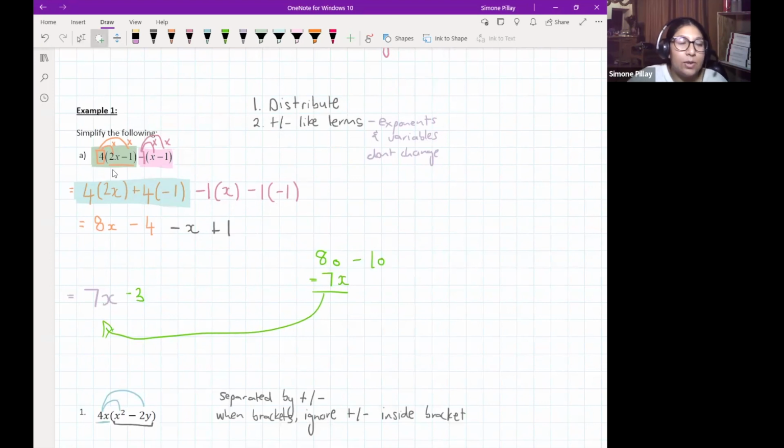So what happened here was I said 4 times 2x for my first bracket, and that's how I got this. Do you see that? Yes, ma'am. And then I said 4 times -1, but it's a positive 4 times a -1. Are you seeing that? Also, the reason why we said positive plus is because the 4 outside the bracket is positive, not negative. But you have to make sure to include your negative inside the bracket.